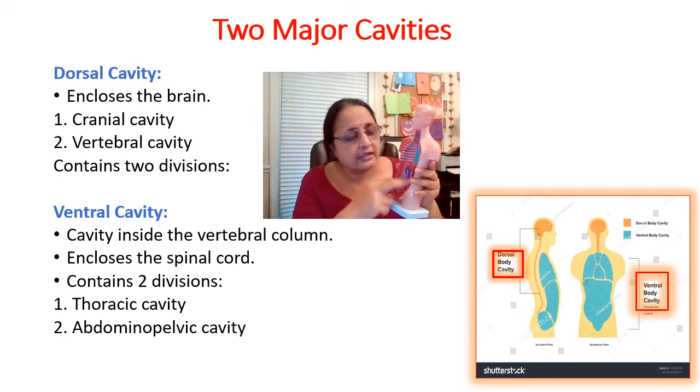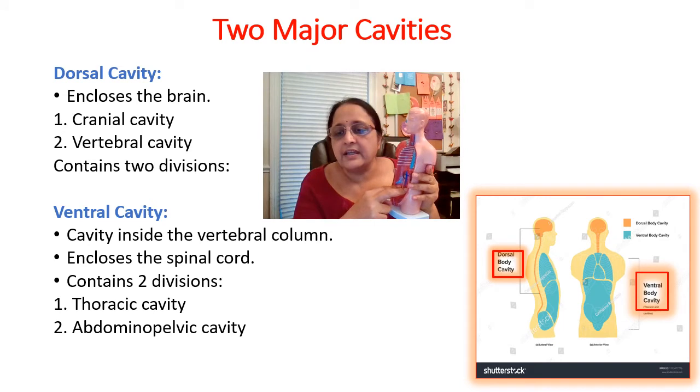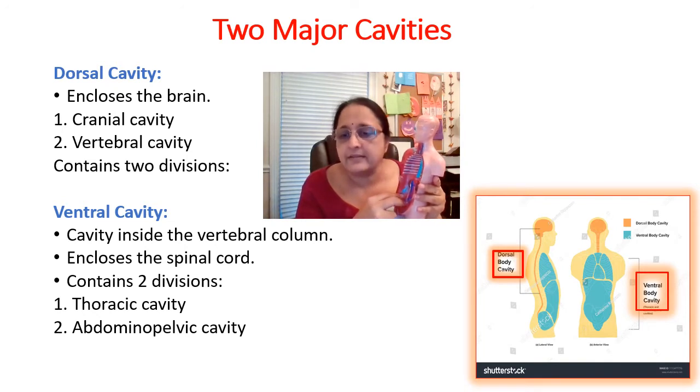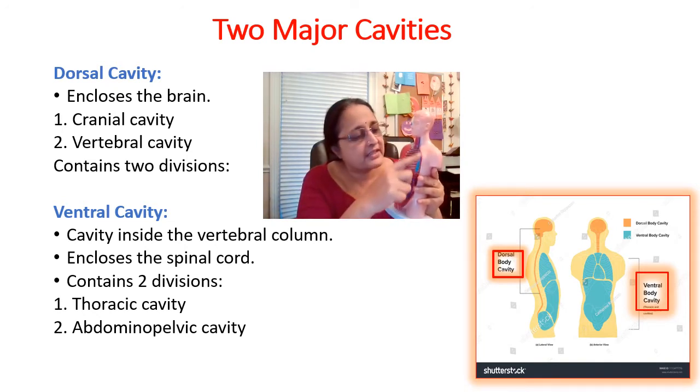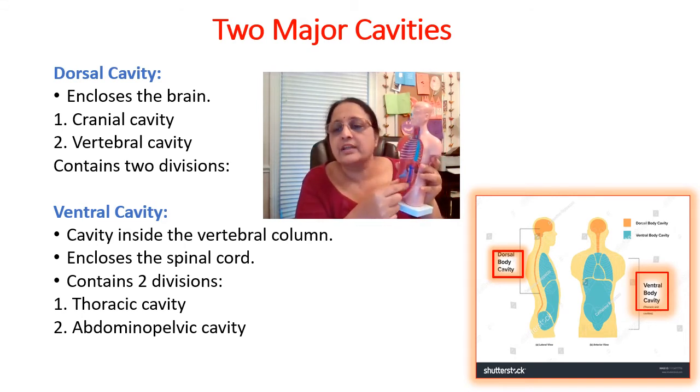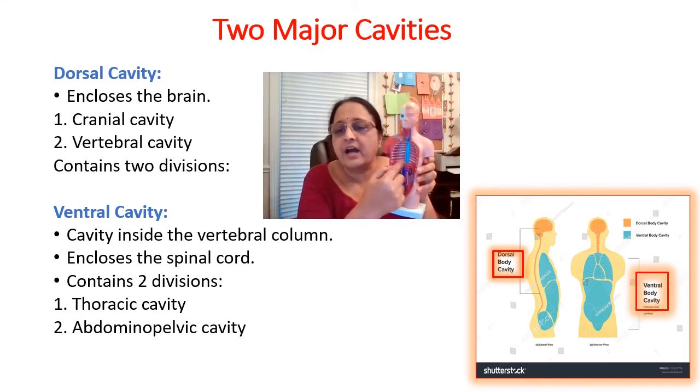This big cavity holds different organs associated with different organ systems. When you see the thoracic region, the cavity is known as the thoracic cavity. And the abdomen plus pelvic region together is known as the abdominopelvic cavity.